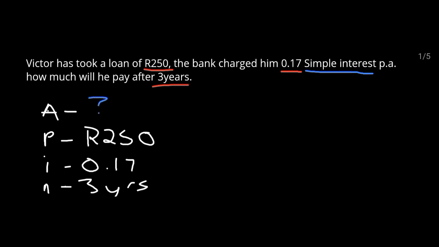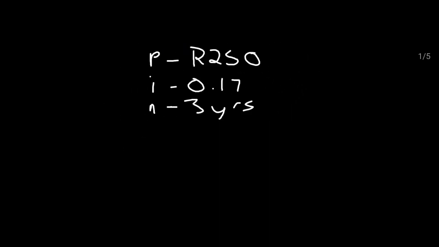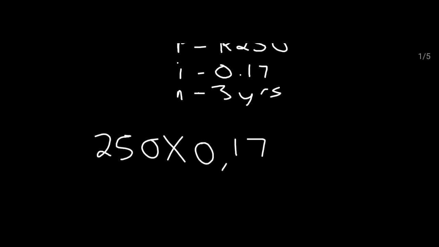So the question is, how much will he pay after 3 years? Because we loaned 250, and after 3 years, remember, it's simple interest. I want to start manually. We know he took a loan of 250, and I'm charging an interest of 0.17.